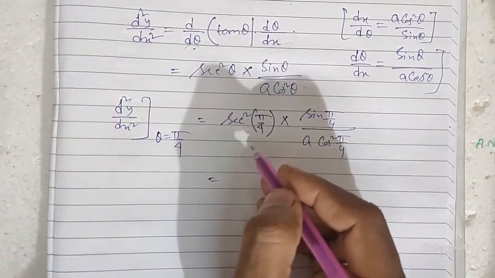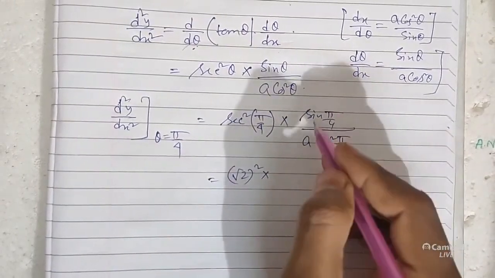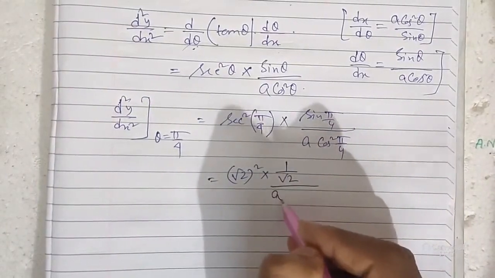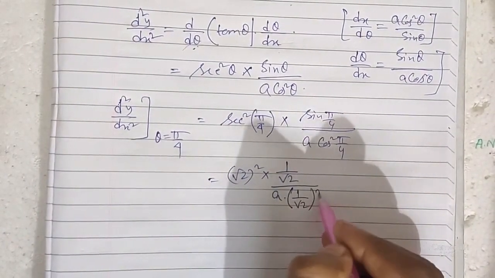Sec pi by 4 value is root 2, that is root 2 whole square, into sin pi by 4 value, which is 1 by root 2, so 1 by root 2 divided by a into cos pi by 4, also 1 by root 2, 1 by root 2 whole square.